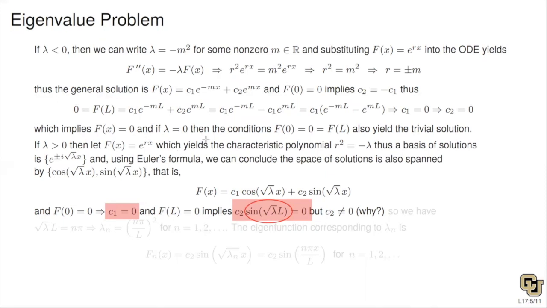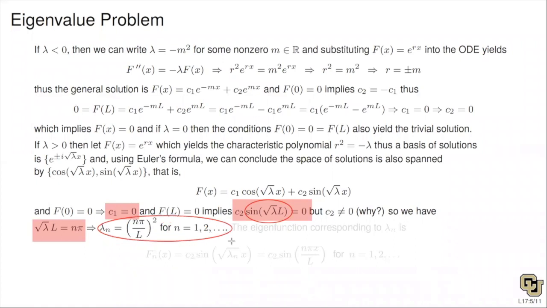So we assume the sine term is non-zero, and so we can conclude that root lambda L must be an integer multiple of pi. And so now we discover that there's not just one eigenvalue, there's countably infinitely many, and we can solve for the eigenvalue lambda sub n. Now we can say it is n pi over L squared.